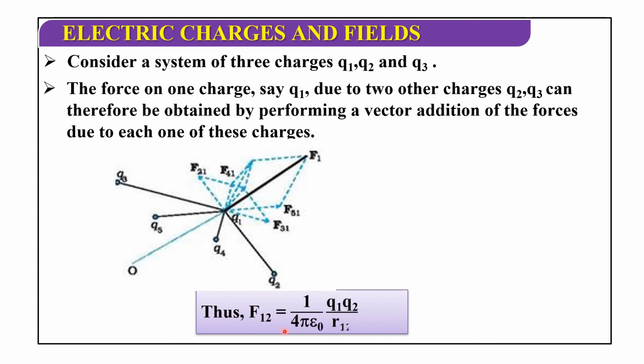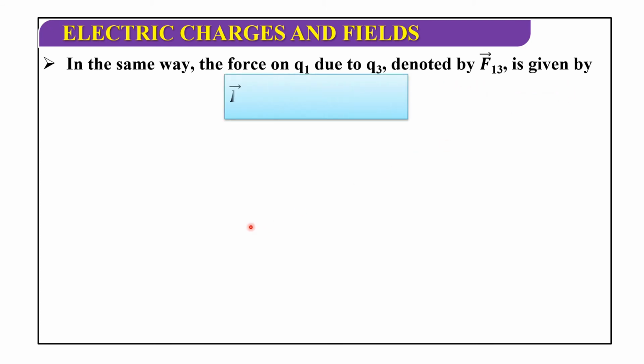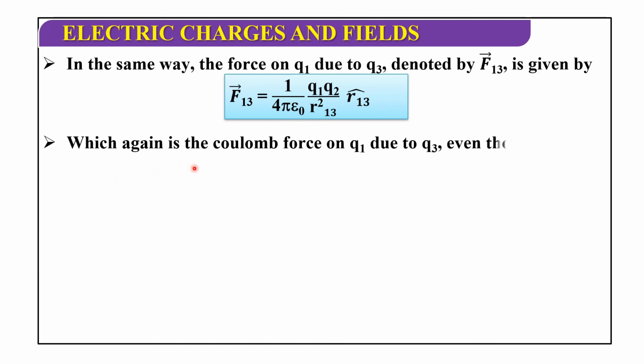F12 is equal to 1 by 4 pi epsilon naught q1 q2 by r12 square r12 cap. In the same way, the force on q1 due to q3, denoted by F13, is equal to 1 by 4 pi epsilon naught q1 q3 by r13 square r13 cap, which again is the Coulomb force on q1 due to q3 even though the other charge q2 is present.